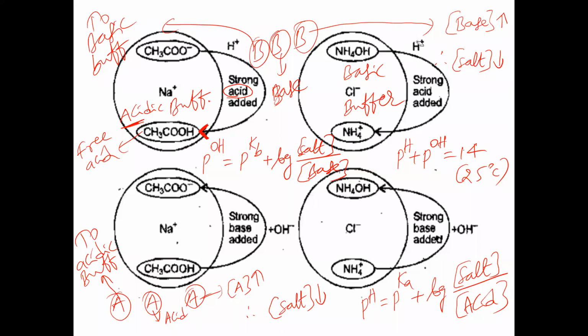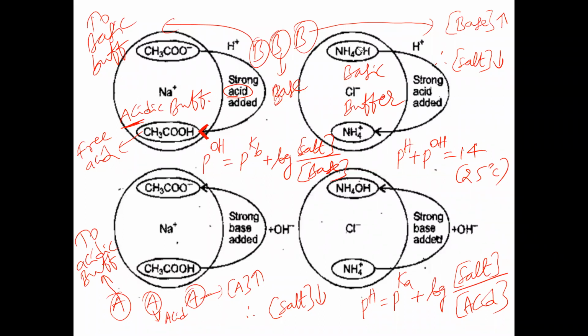Here H plus will interact with the free base available here. So OH minus from NH4OH and H plus will combine to form H2O. Then NH4 plus will be left over. That means whenever this free base NH4OH, the weak base, combines with H plus ions, it will form NH4 plus.